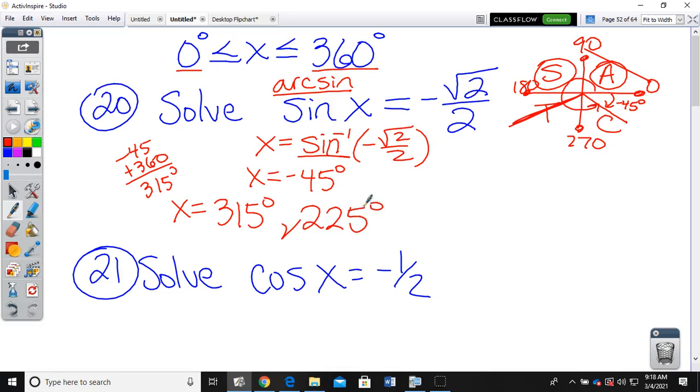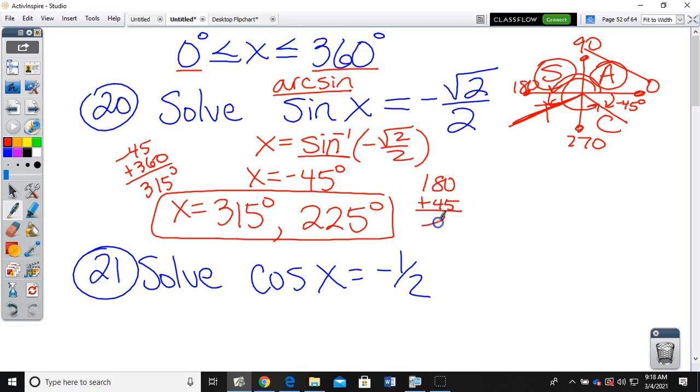So you're pretty much just going to add the 180. That's it. It's really common sense because from here to here is what? 180, and I go how much more? 45 more. Does that make sense? So 180 plus 45 gives me the other angle.